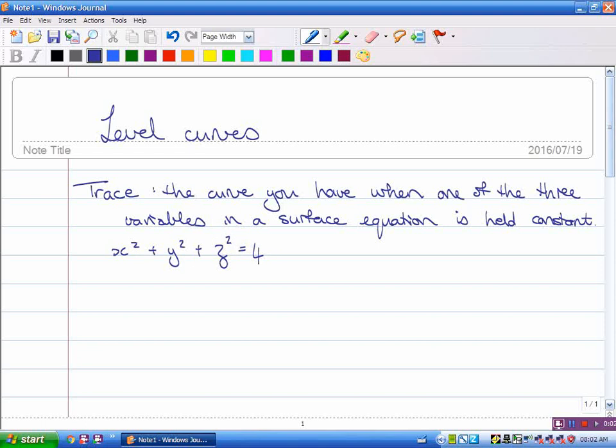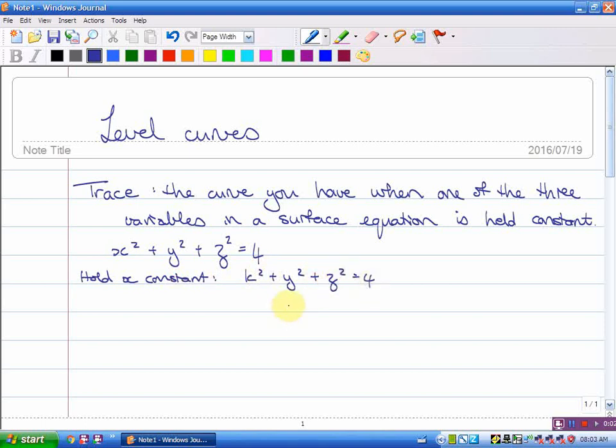Now you can hold a particular variable constant. When we hold it constant, we don't actually give it a number. We give it a sort of mystery constant, generally k. So x constant, and it'll be k squared plus y squared plus z squared equals 4.